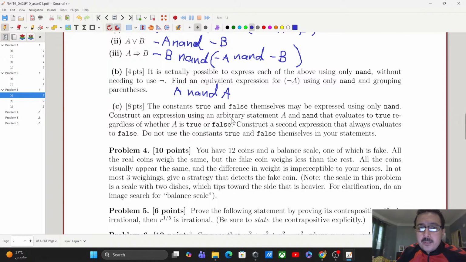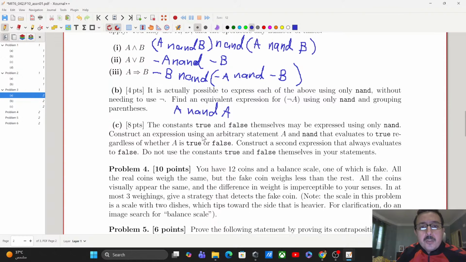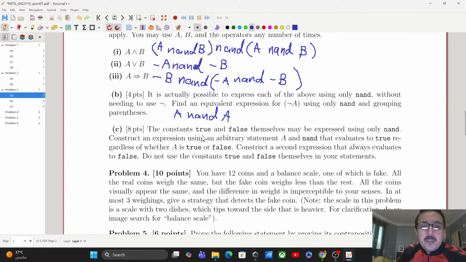Okay, so let's section A to true regardless of whether A is true or false. So what we need is for them is not to become true. It's always gonna be false.